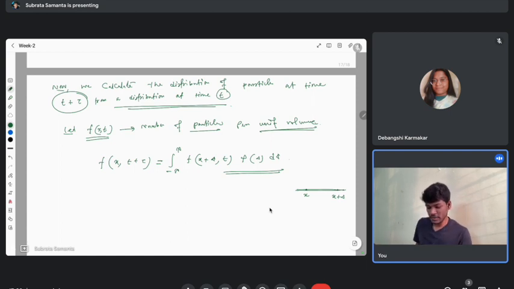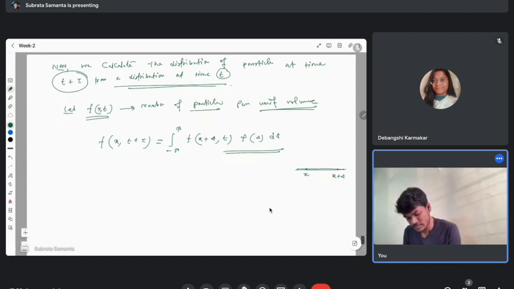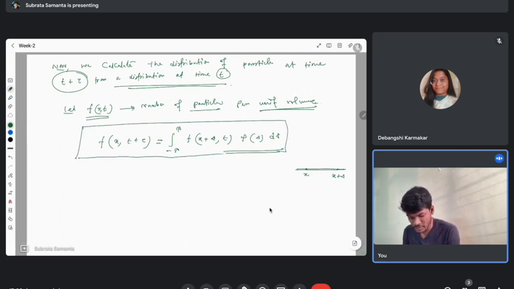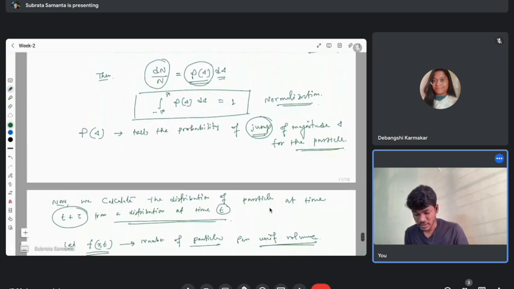So what does this equation mean? This f of x, t plus tau is the distribution at x at time t plus tau, and we know the distribution at t and x plus delta, and they evolve in the same way as we did previously.